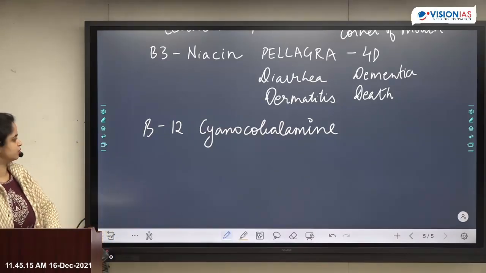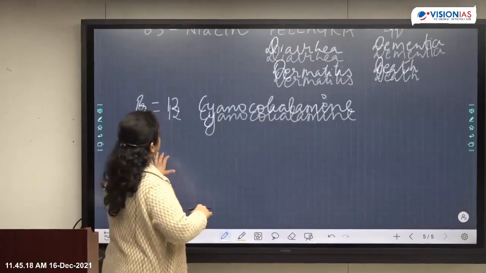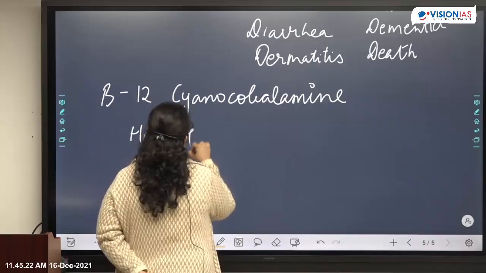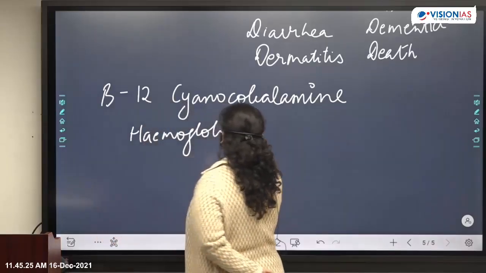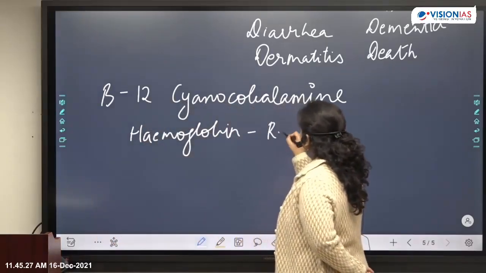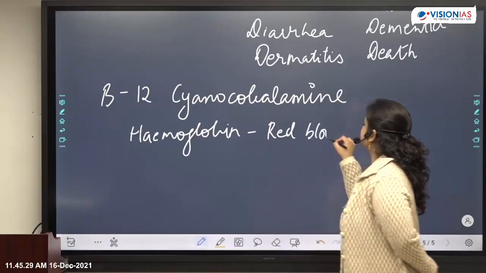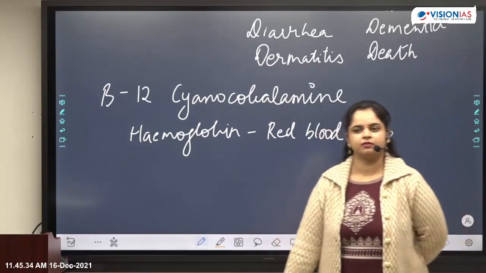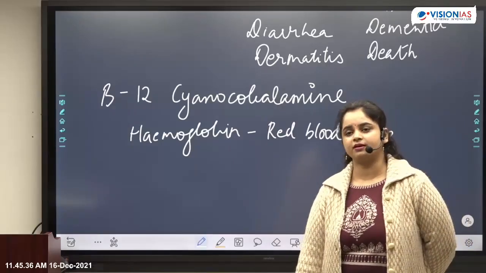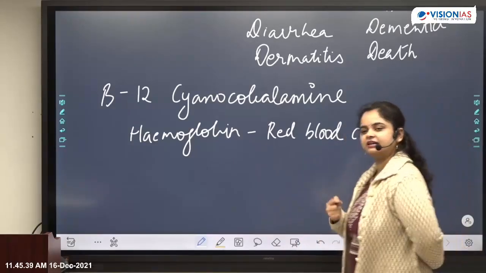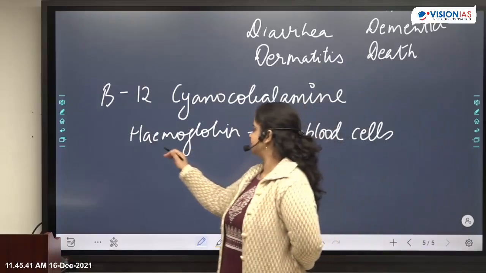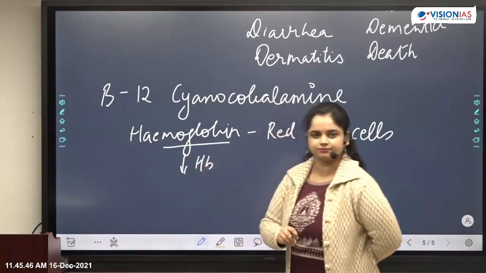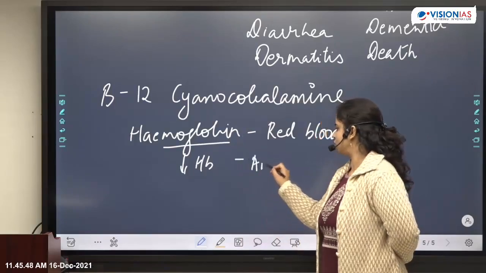Now what does it do? Its role is very, very important in the body. You might have heard about hemoglobin. In your body you have red blood cells, and these red blood cells contain hemoglobin. This hemoglobin is a very vital indicator. Anytime its level falls, we have a condition called anemia.